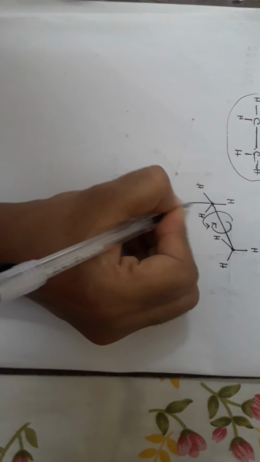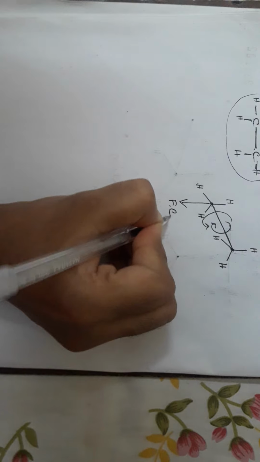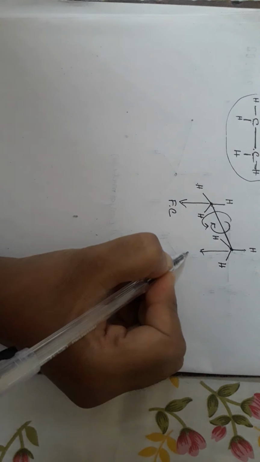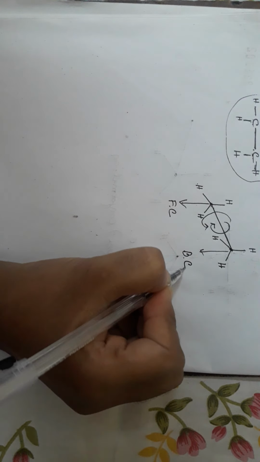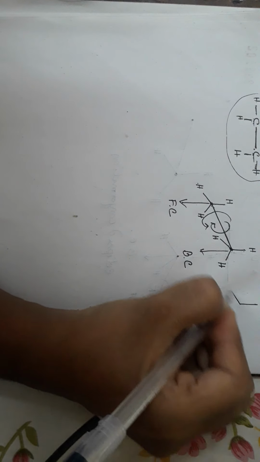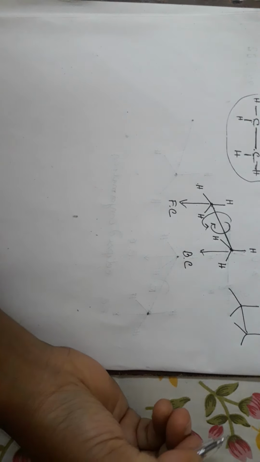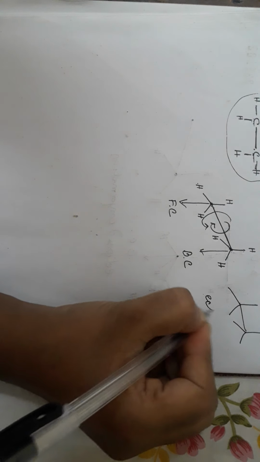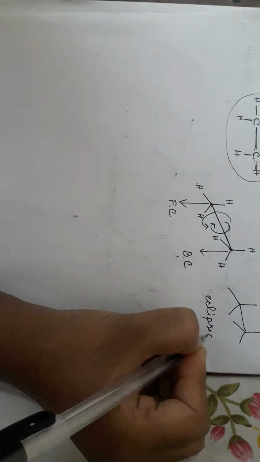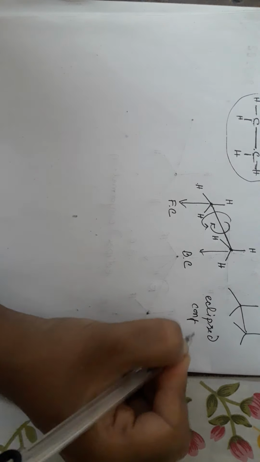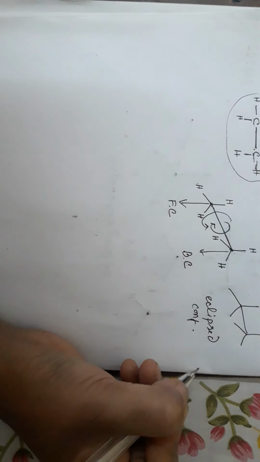Here it is our front carbon, this one is our back carbon, and this type of conformation is called eclipsed conformation.